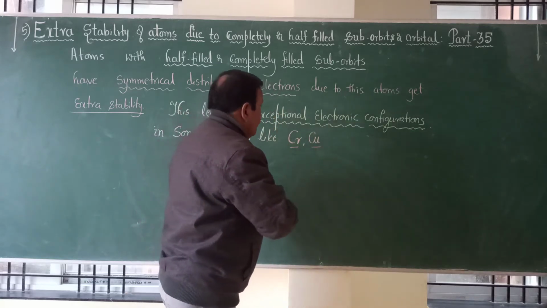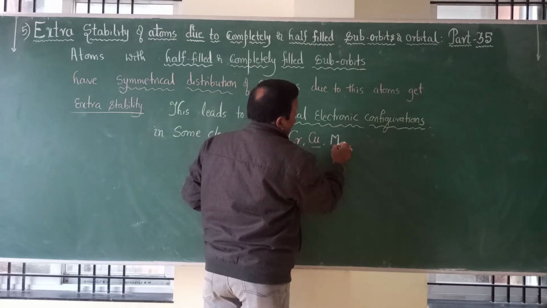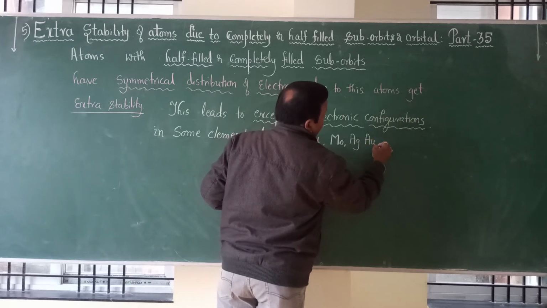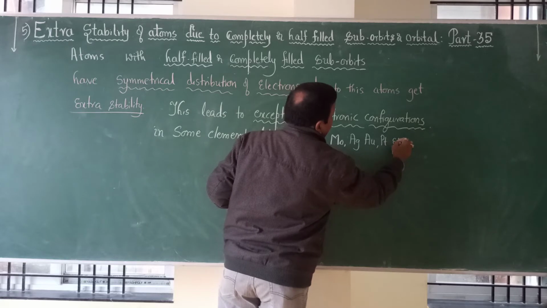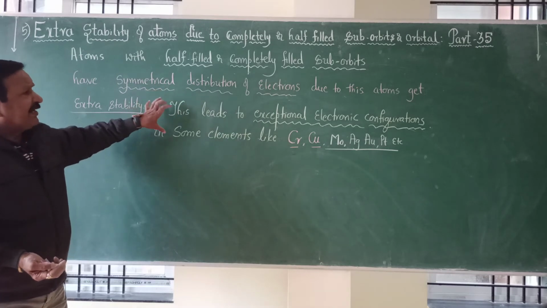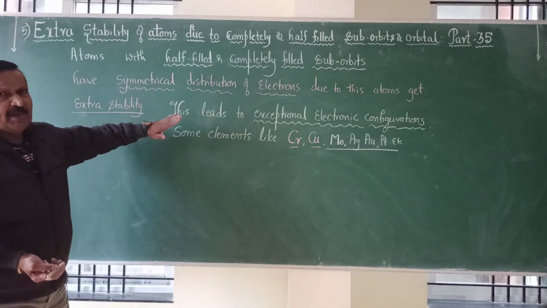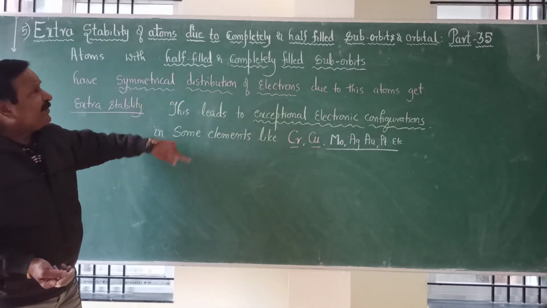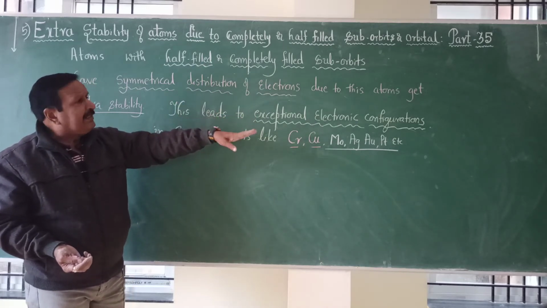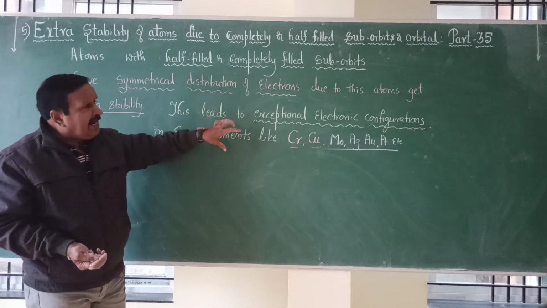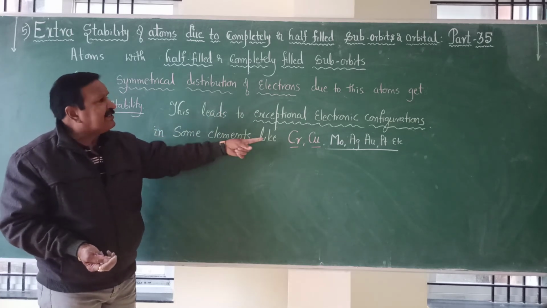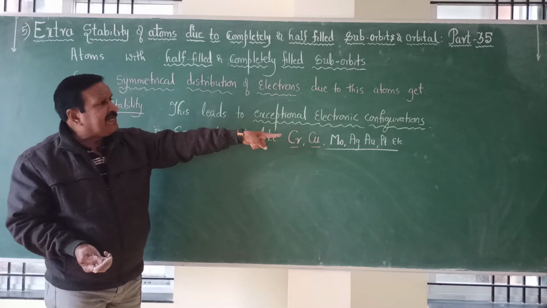Others, if you want examples, molybdenum, silver, gold, platinum, etc. So the exceptional electronic configuration of some elements is not normal, it is something different, because when they reach half filled or completely filled condition, they change their configuration, and that is what we call exceptional electronic configuration in some elements like chromium, copper, Mo, Ag, etc.